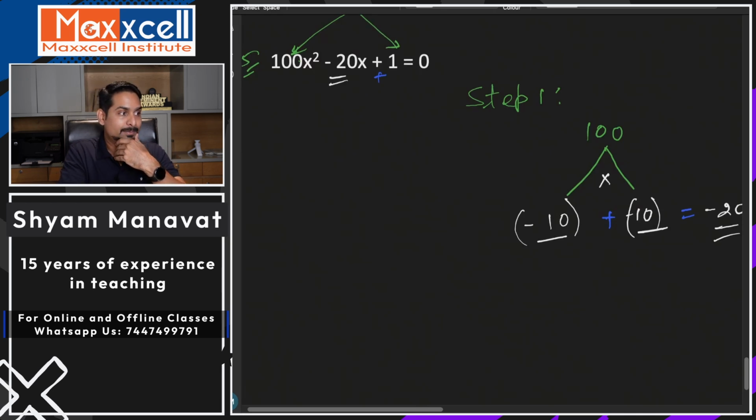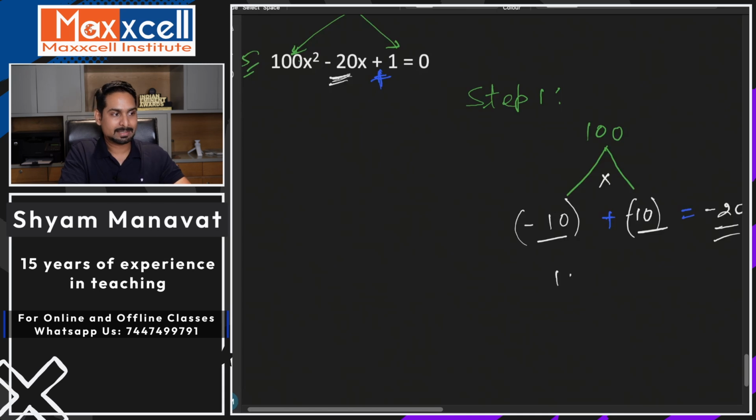Now, as per our trick, how do you decide whether the addition of these two numbers should be the middle term or the subtraction should be the middle term? We look at the sign of the constant. The sign of the constant is plus. That means the sum of these two numbers should be the middle term.